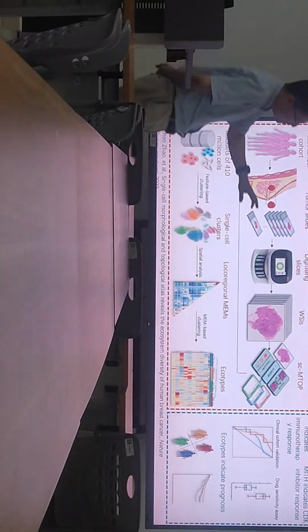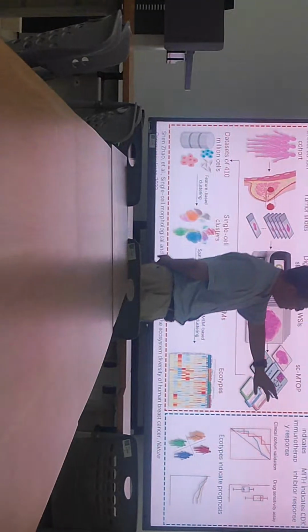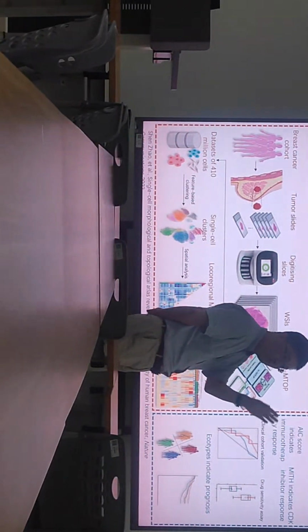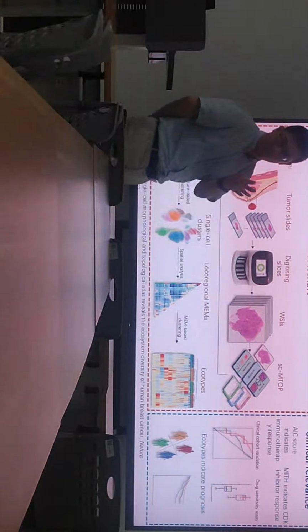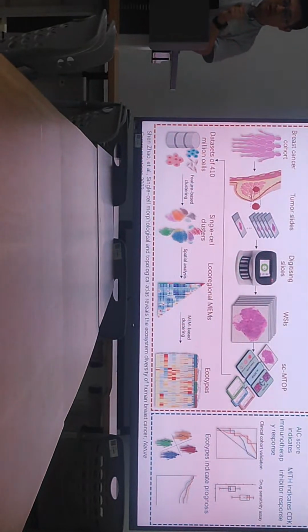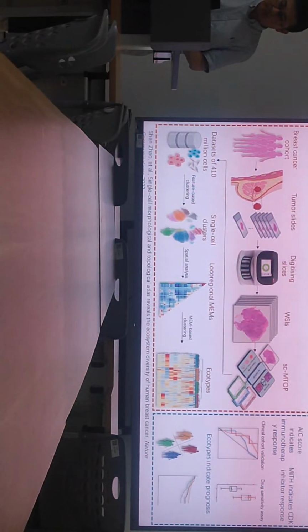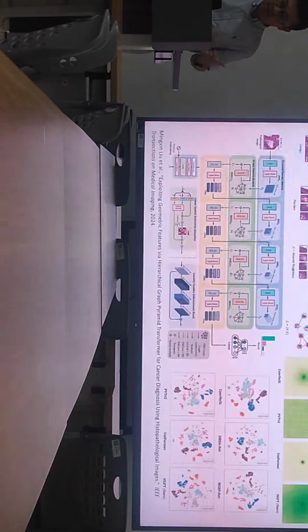However, we can use a machine learning based model to predict the response of the patient to this specific therapy. This is what we want to do in this field.